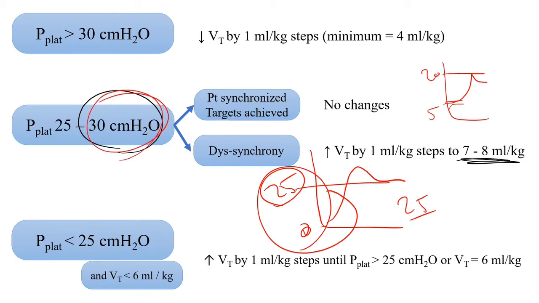So this limit of the plateau pressure should be synchronized with the limit of the driving pressure. This limit of the plateau pressure is considered if the driving pressure is within the allowed limit of 15 centimeters of water. If the plateau pressure is less than 25 centimeters of water and the tidal volume is less than 6 milliliters per kg, at that time we will increase the tidal volume until reaching the target of 6 milliliters per kg.